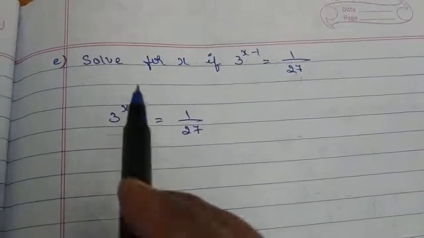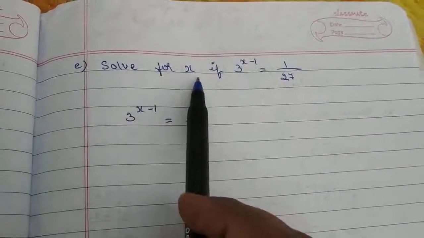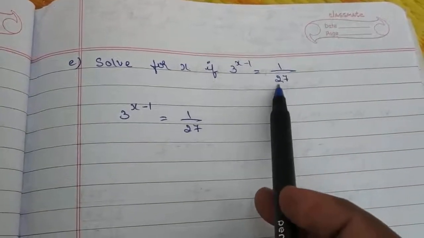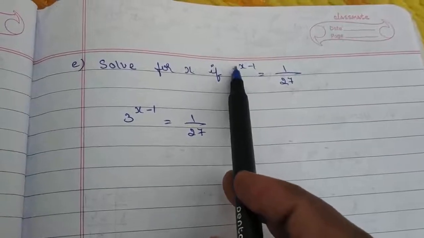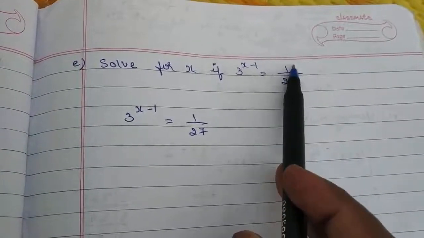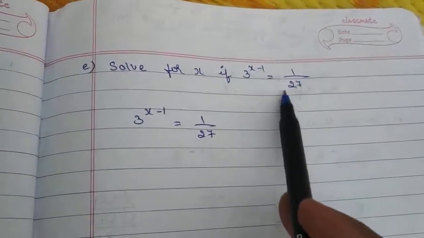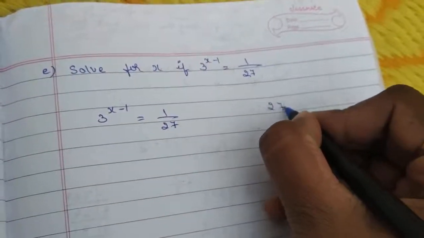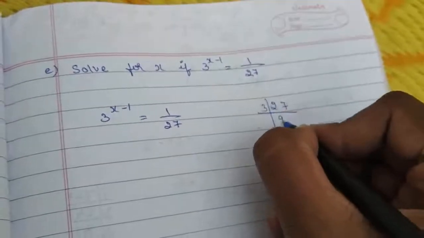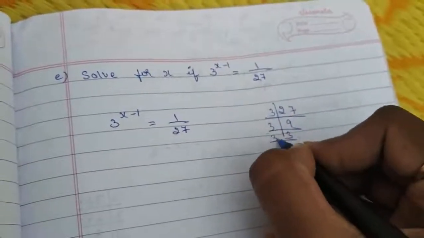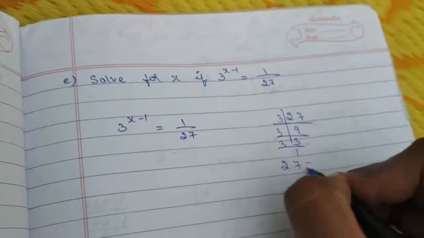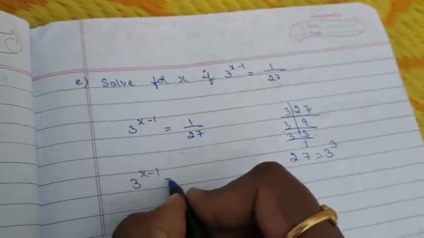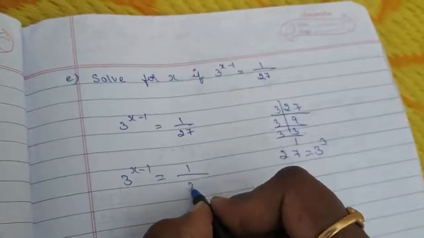Therefore 0.00032. Now equation, solve for x if 3^(x-1) is equal to 1/27. So the base to be taken here is 3. But here we have 1 by 27. So express this 1 by 27 with the base 3. 27 can be written as 3 9s are 27, 3 3s are 9, 3 1s are 3. That is, 27 is nothing but 3^3. So 3^(x-1) equal to 1 divided by 3^3.